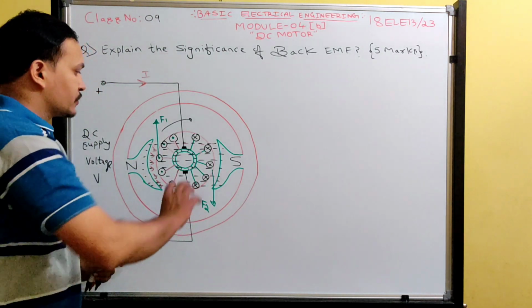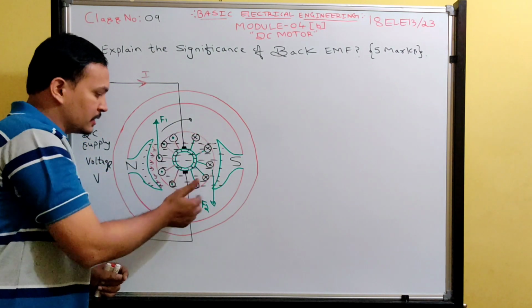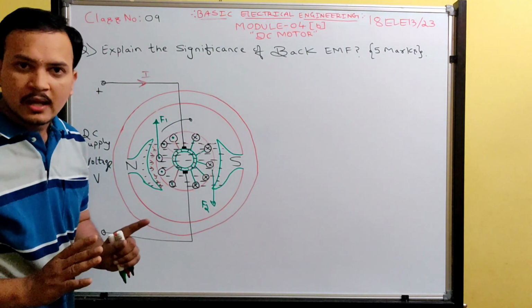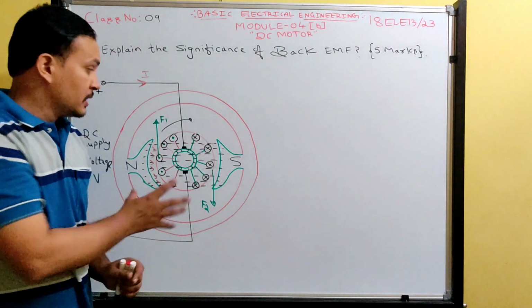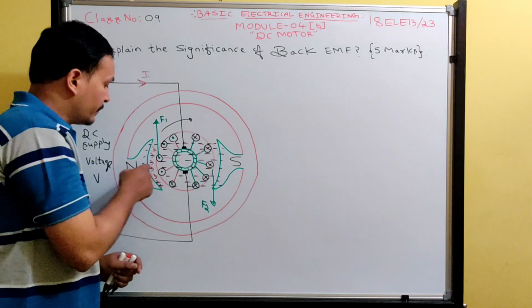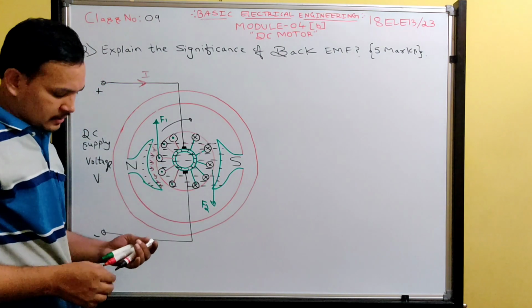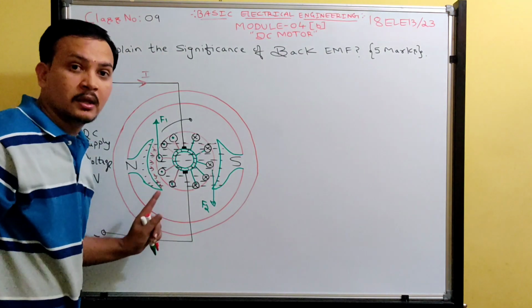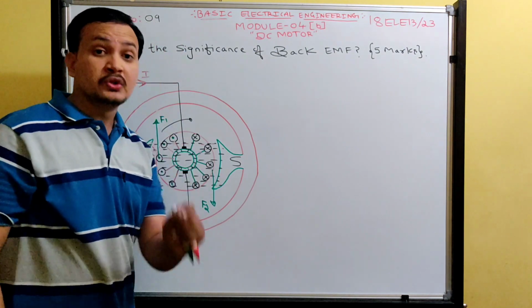Okay, got it? So whenever the armature conductor rotates, up to here is called motoring action. Now whenever this armature conductor rotates, it is going to cut the main flux. Once this armature conductor cuts this main flux, then EMF will be induced due to generating action.